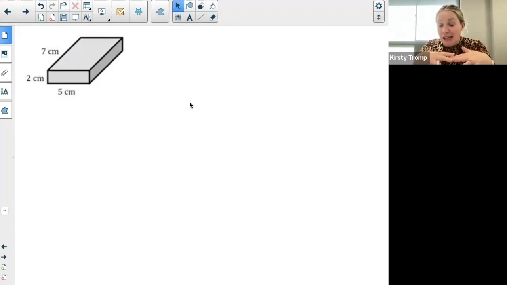Guys, they're not asking us to draw a shape that we can then cut up and stick together. They're just asking us to draw the net. Okay, so it's very different to if we were drawing the shape that we were then going to cut up and stick back together, okay? If we were drawing a shape that we were going to stick back together, then we would draw the flaps on the shape. But in this case, we're going to draw just the net of this shape, all right?